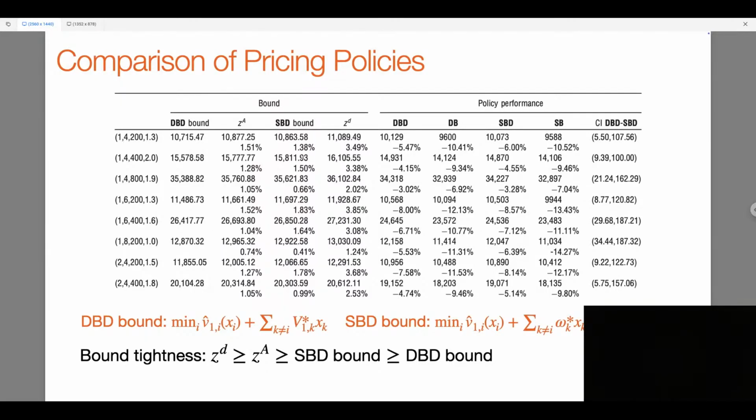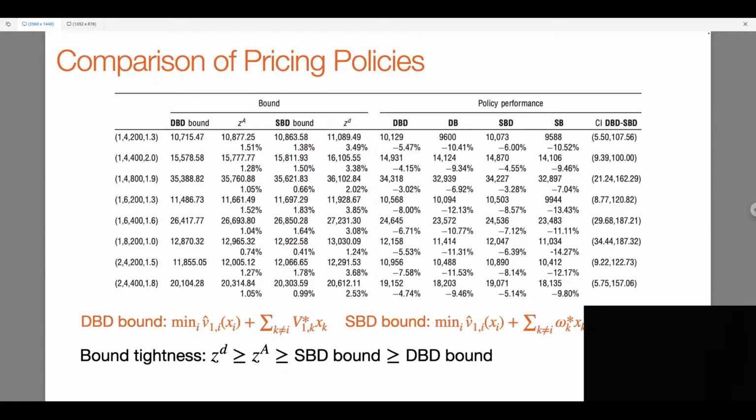And we can see that for this bound, the discretized value is much higher than the affine approximation and higher than the static SBD bound and higher than the DBD bound, which means that the DBD pricing policy has a tighter bound than any other approximation method.